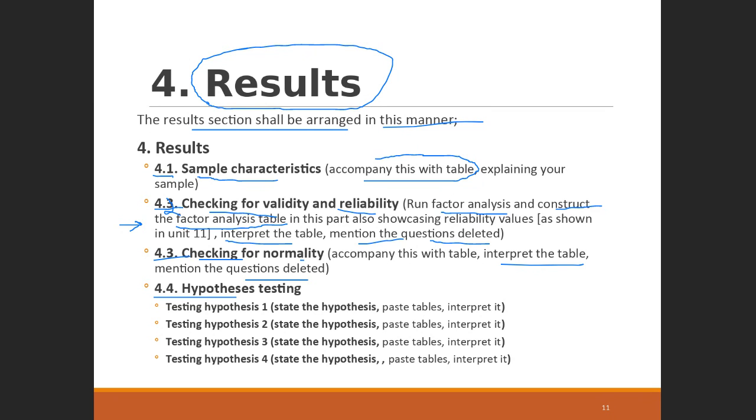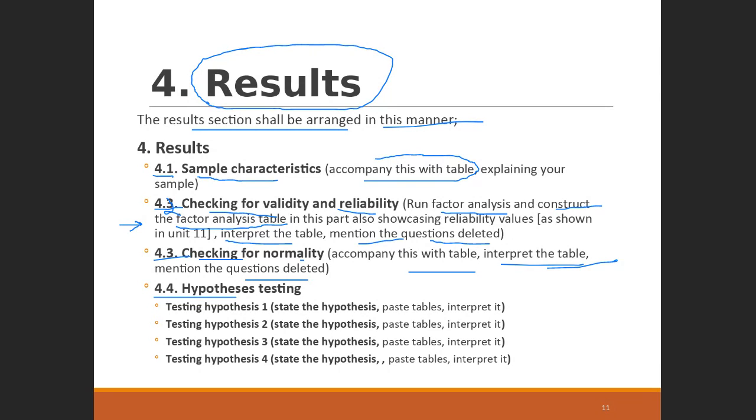I also gave you the reference of those authors who gave us the criteria for checking normality. I think one was Hair et al. And another one I can't recall. So you also need to mention those authors whose criteria we are using to discuss the normality. So please insert those tables there, interpret those tables, and mention the question if any question is deleted.